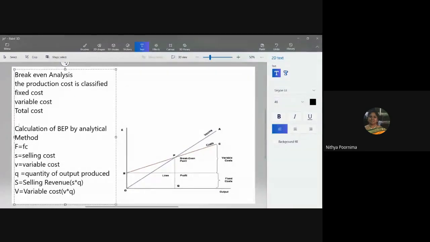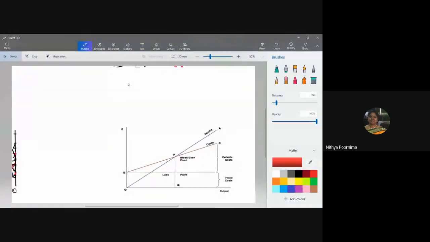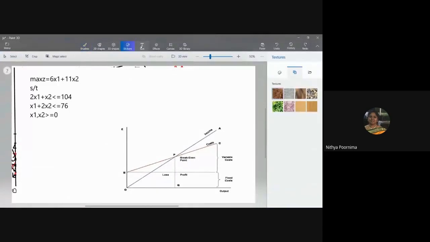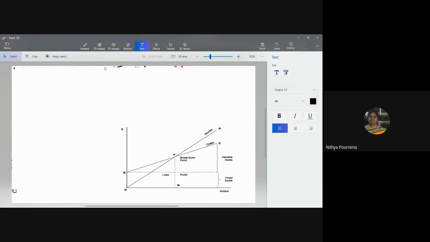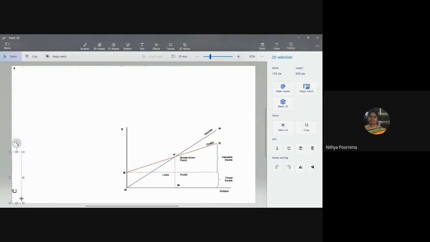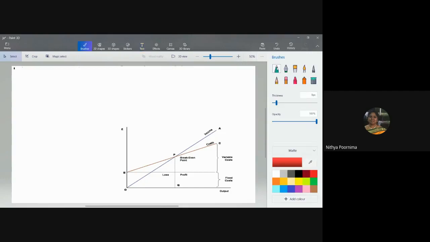Now, if you take a graph, we saw the production cost, right?